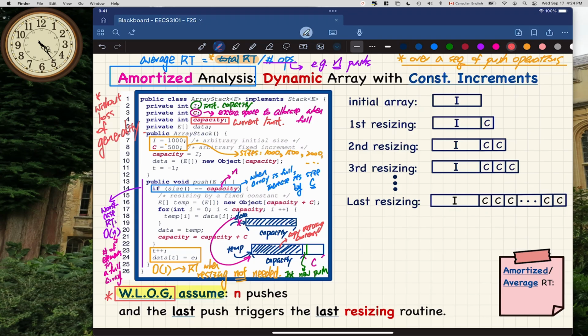So we are only considering n consecutive pushes. But in reality, you might get some interleaving between push and pop. That's okay. But we only look at a slice of the sequence where we only got pushes. That's enough for the exercise.